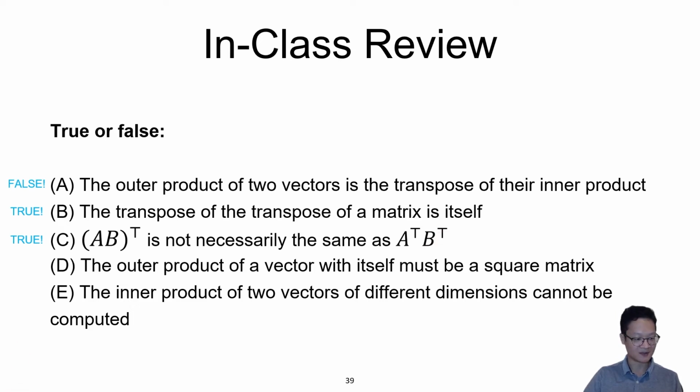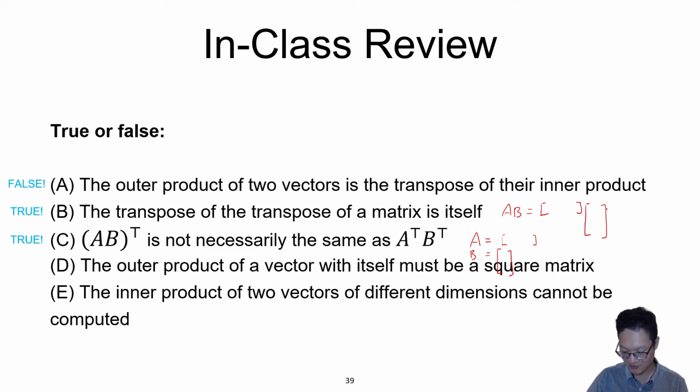So maybe I can quickly write it down so it's not so confusing. Let's say that A could be some row vector, and then B could be a column vector of the corresponding size, right? So AB will look something like this.